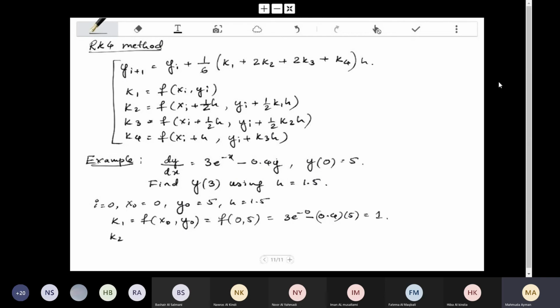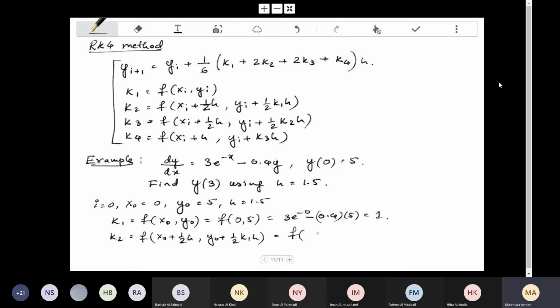Now for the value of k2, we have the function at x0 plus half times h, comma, y0 plus half times k1 times h.